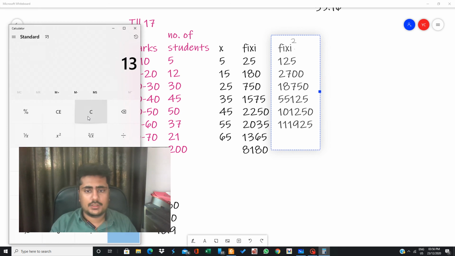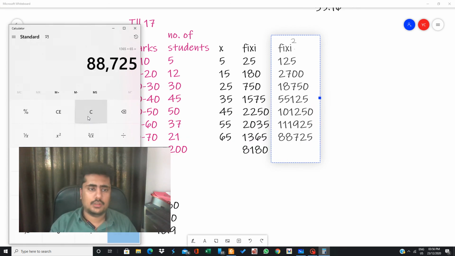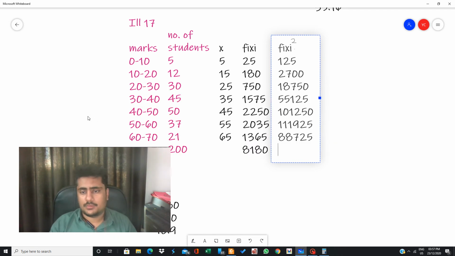Then 1365 into 65 is 88725. So now what is my total? My total is 3,78,600.